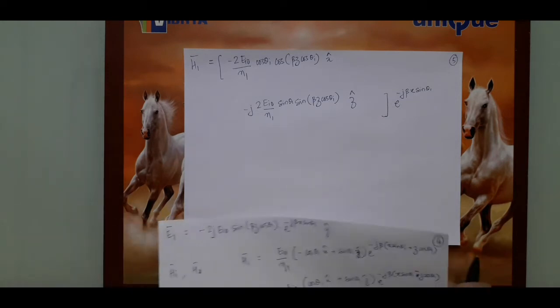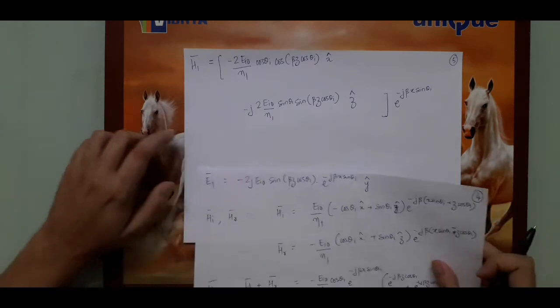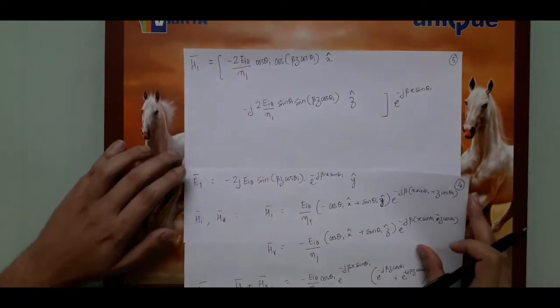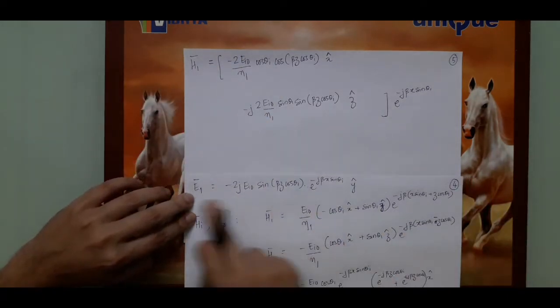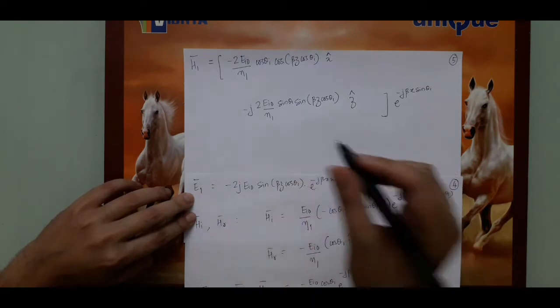Now we have the total H component in the dielectric. We had derived the E component also. Let us write that down.